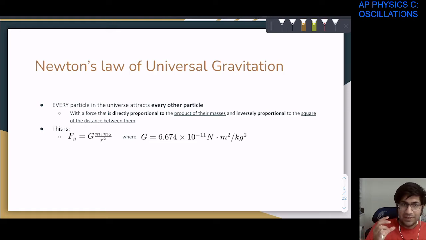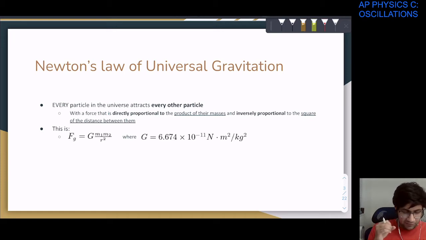The force of this attractive force is directly proportional to the product of the masses, and it's inversely proportional to the square of the distance between them. So what this is saying is that the force itself is directly related to the product of the masses. So, if you have two really large masses, the force will be pretty evident.